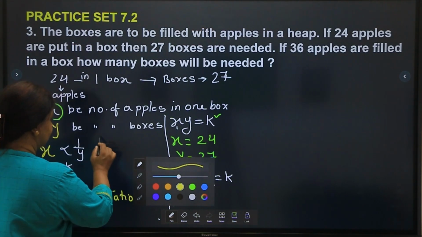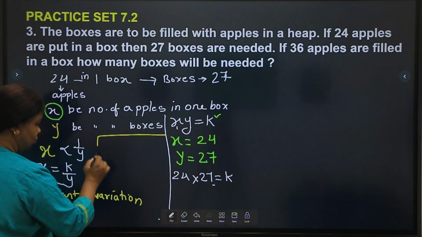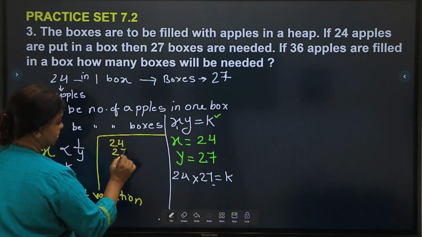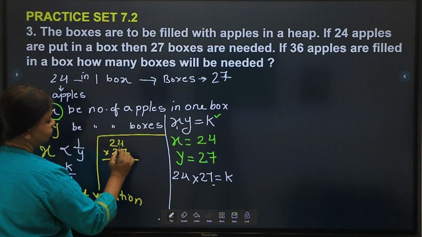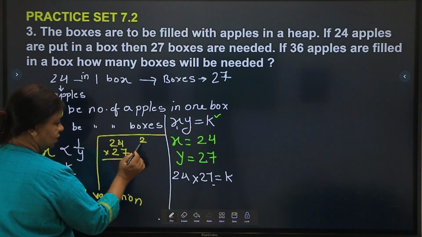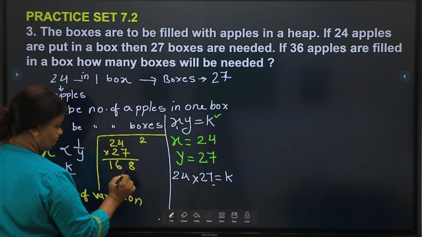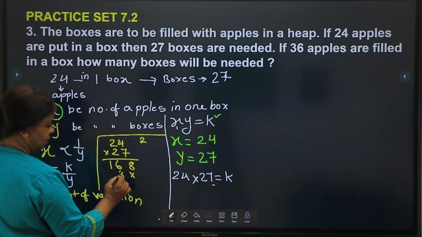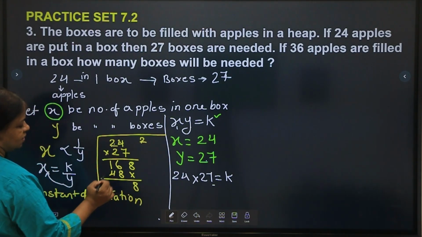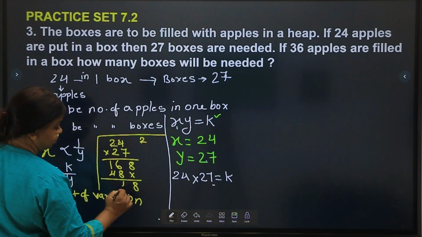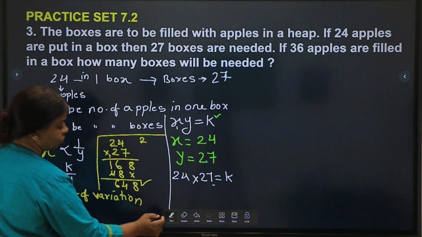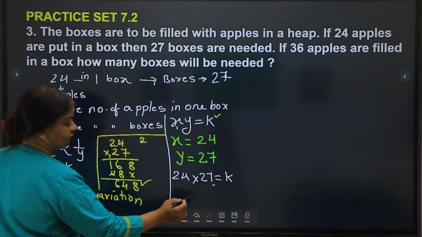I will multiply it here, children, so that the rest of the board we can use. 24 multiplied by 27. 7 4s are 28, 2 carry, 7 2s are 14, 15, 16. 2 4s are 8, 2 2s are 4, then 8, 6 and 8, 14, carry 1, 4, 5, 6, 6, 4, 8. Okay. So we got k value as 648.